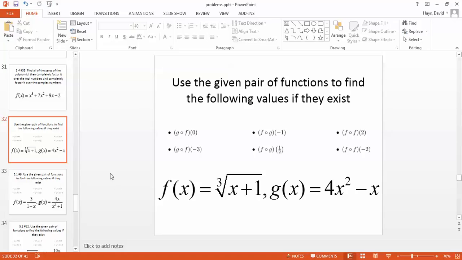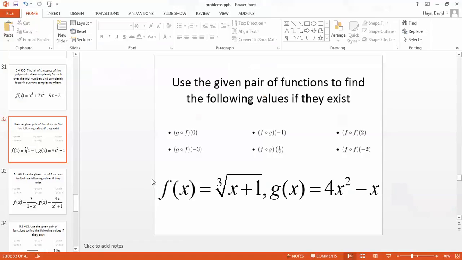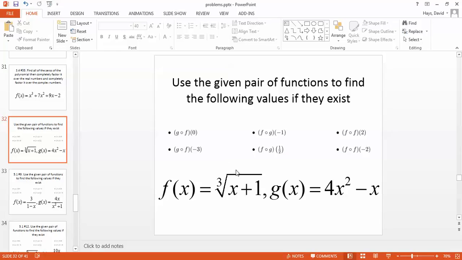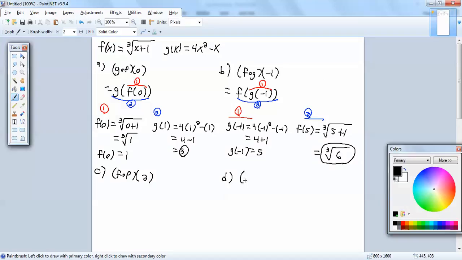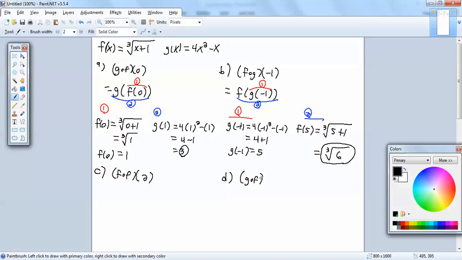C. We want to find the composition of f and f of 2. And while I'm at it, let me go ahead and write down D: composition of g and f of negative 3. Okay, so this we're going to rewrite as f of f of 2.